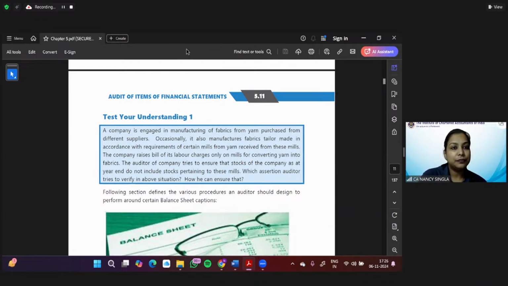Tell me. So Shoaib, you are correct. Others also please reply. And Shoaib, please answer to the next point also, how he can ensure that. Quickly send in your replies, students, so that if time will permit, we'll take other test your understanding also.